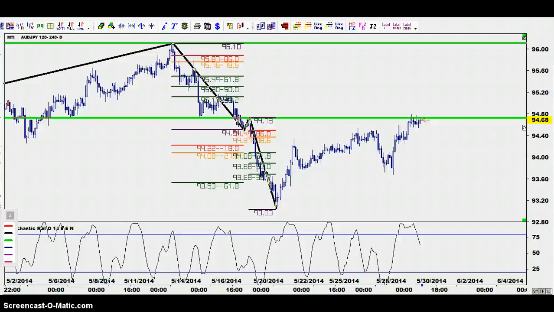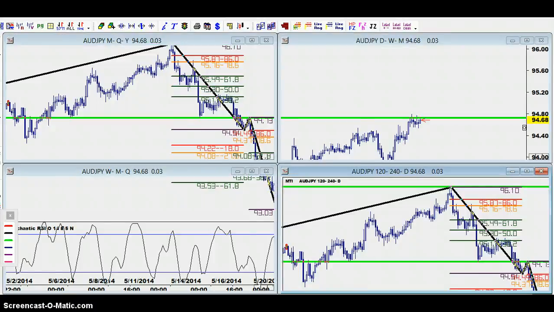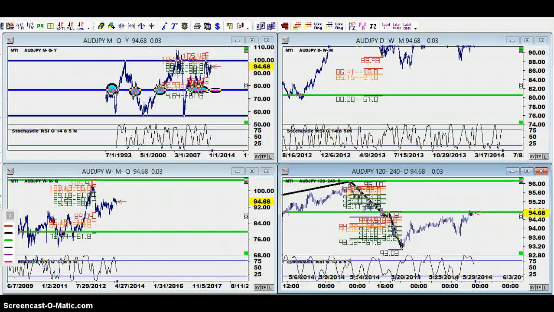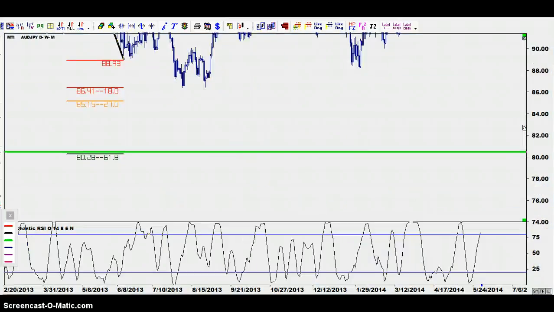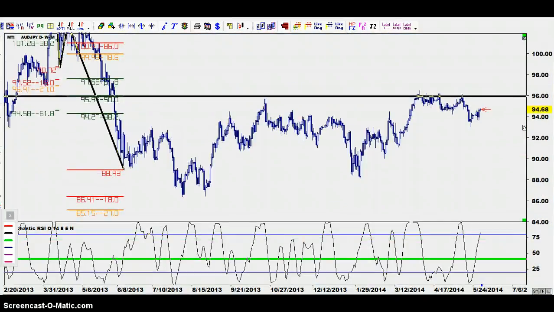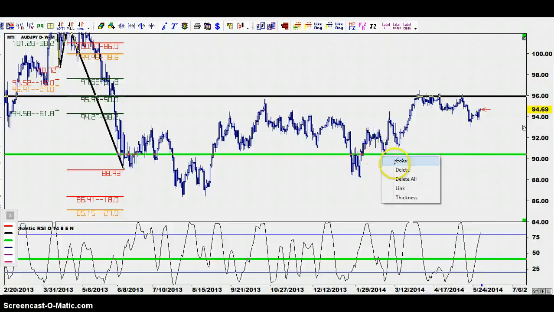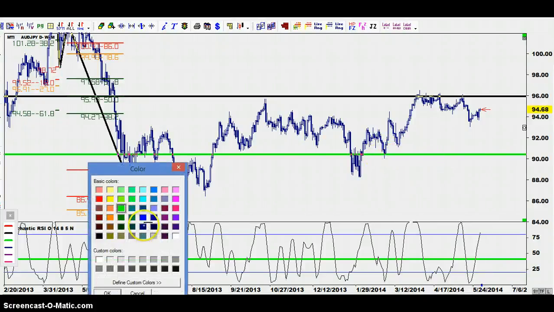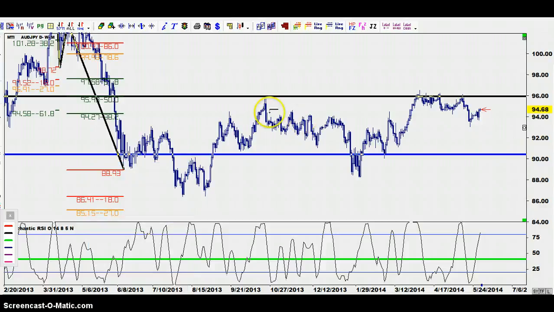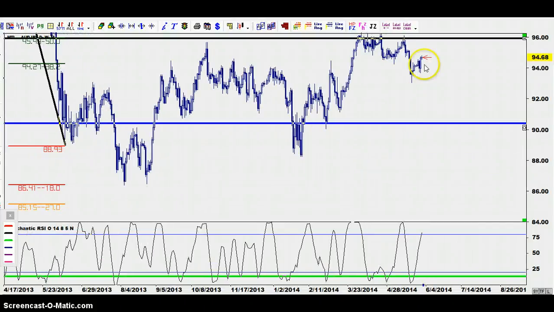So it's taken out this A again. But what does the daily show? It says it's in some sort of consolidation, which generally is what causes a lot of this. It's taking out my A, it's not taking out my A, it's taking out my A kind of thing. But you know that it's coming, even from that upper band right there.